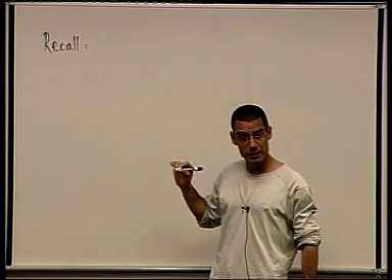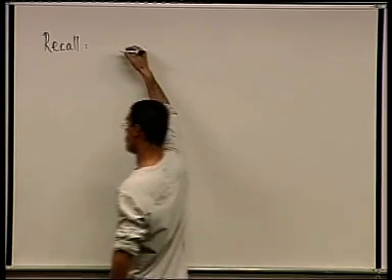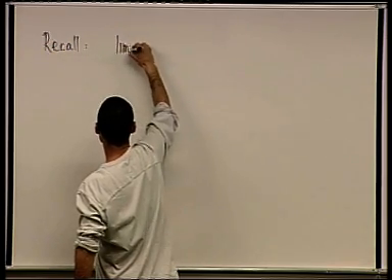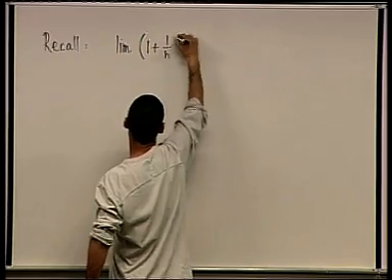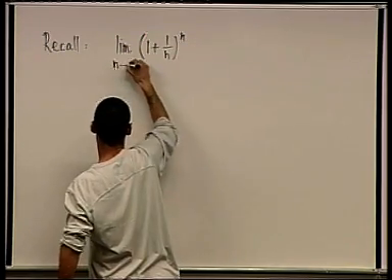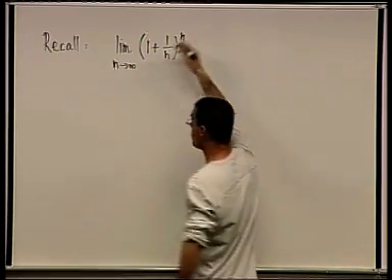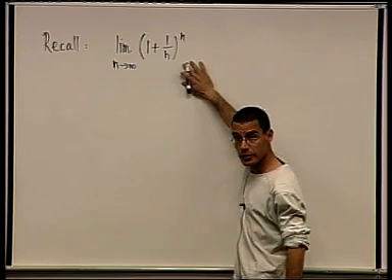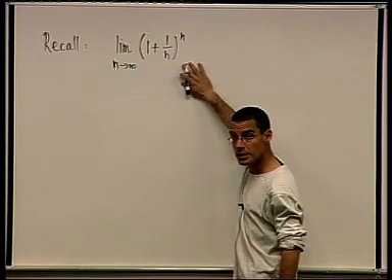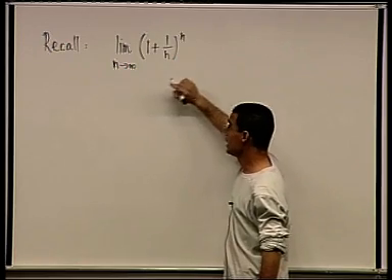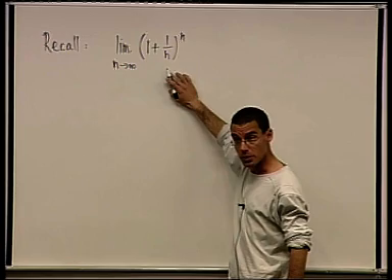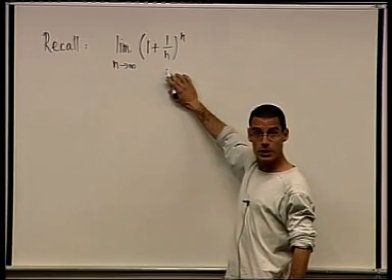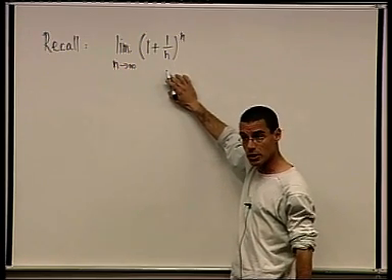We defined e to be the limit of 1 plus 1 over n to the power n as n goes to infinity. We said, okay, this is a sequence. We didn't do the full details, but we mentioned that in fact this sequence is monotone increasing and bounded between 2 and 3.